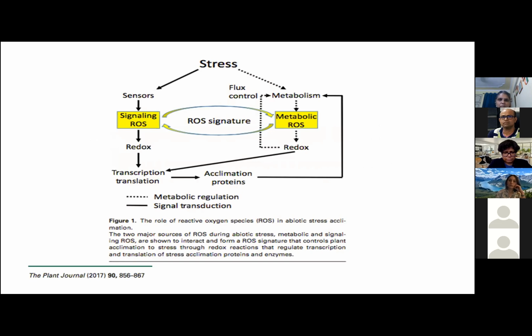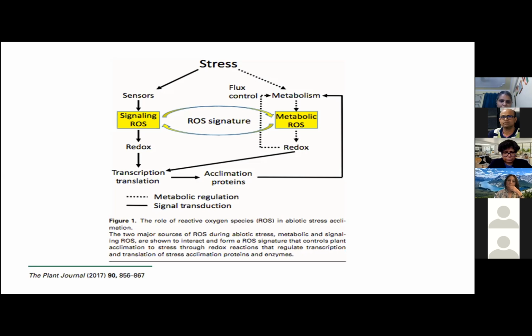So let's say the plant perceives stress. Ultimately all these stresses, drought, heat, salt, lead to reactive oxygen species generation inside the plant. Now for these reactive species, you have sensors that sense those molecules and lead to signaling inside the plant.